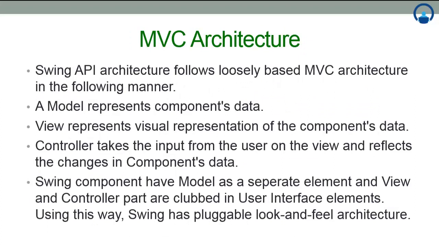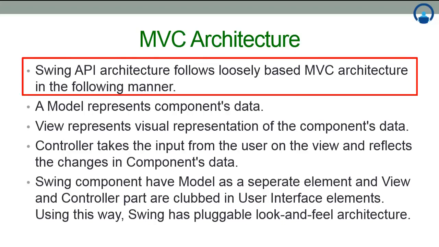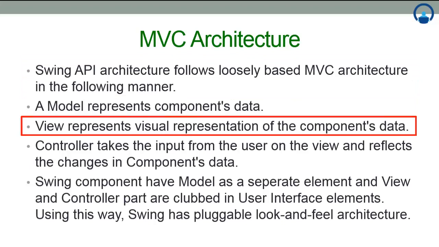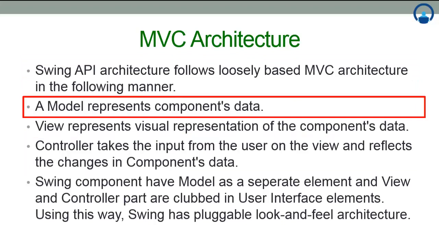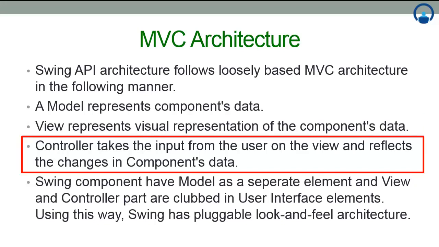And now we'll be discussing first of all what is MVC architecture. So Swing API architecture follows loosely based MVC architecture in the following manner. First of all, we have three components as we discussed. First is model, V stands for view, and C is controller. So a model represents component's data, the view represents visual representation of the component's data, and the controller takes the input from the user on the view and reflects the changes on the component's data.